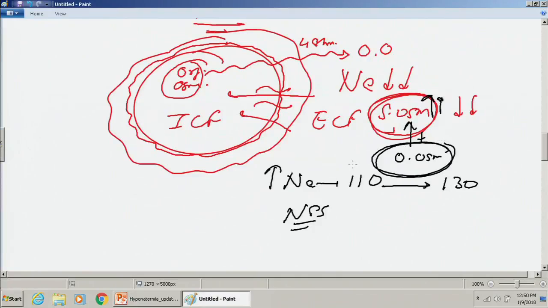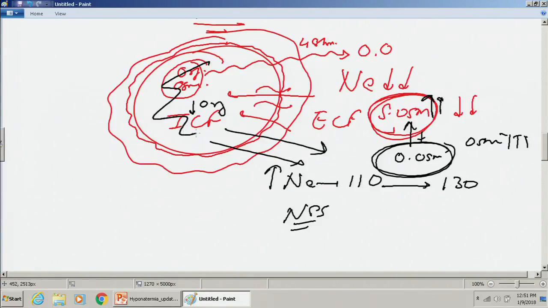Organic osmoles were already in the outside world. So overall osmolarity is now much, much higher, okay? And the fluid will go from the area of low osmolarity to high osmolarity. So this fluid will go from ICF to the ECF world, which will cause shrinkage of these cells and what we call osmotic demyelination syndrome, okay?